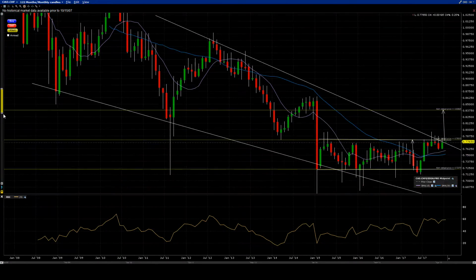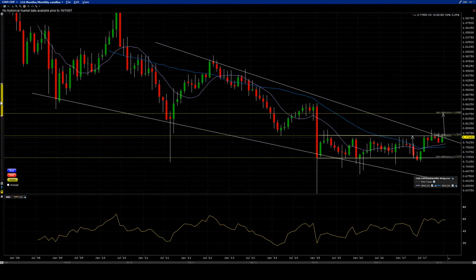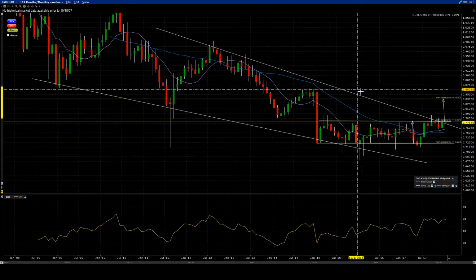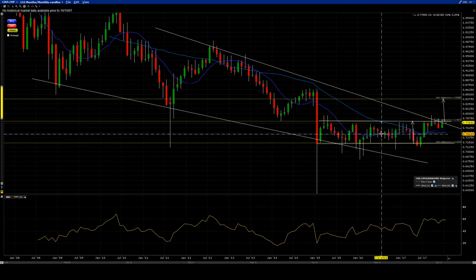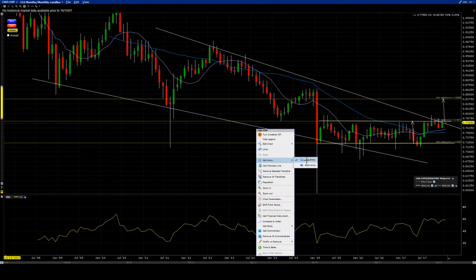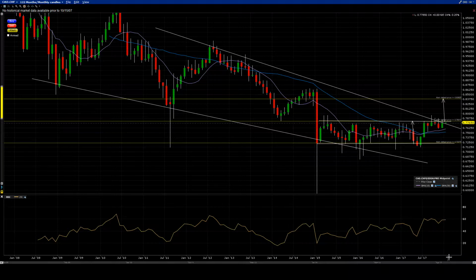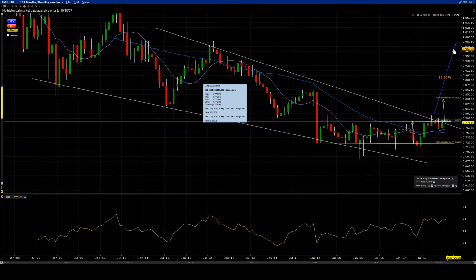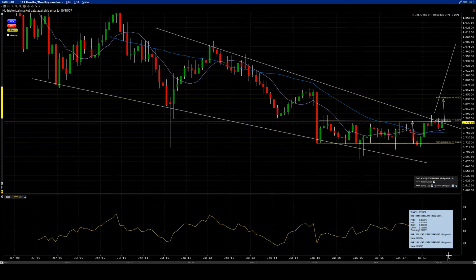The target is the height of the falling wedge. So eventually, we have intermediate targets for this pattern's resolve, we get this target here. But the real target would be the retracing all the way back to the height of the wedge, all the way to .98. So that's the real target long term.